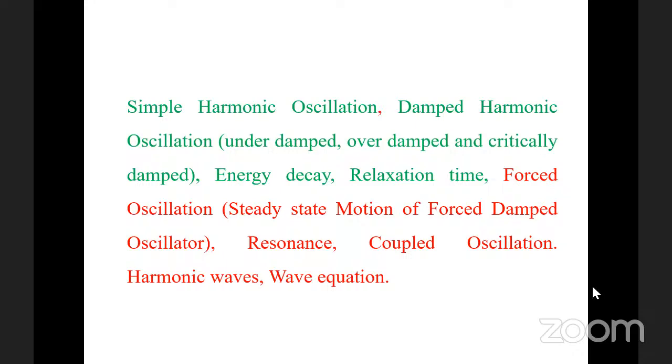In this, the simple harmonic oscillator, and the damped harmonic oscillator, there are 3 different conditions: under damped, over damped, and critically damped, an expected essay question. Then energy decay, relaxation time, and later the forced oscillator, resonance, coupled oscillations, harmonic waves, and the wave equation.